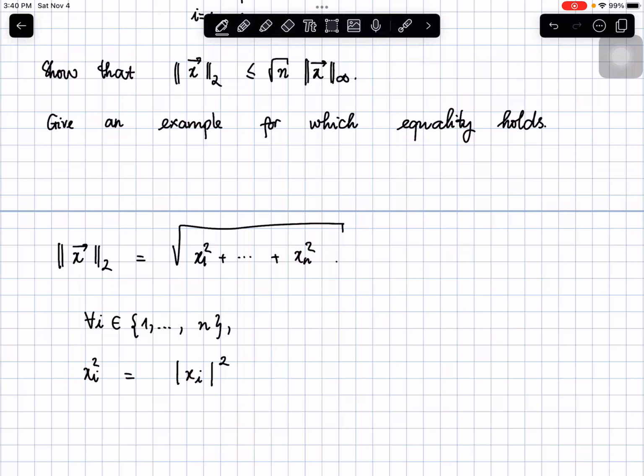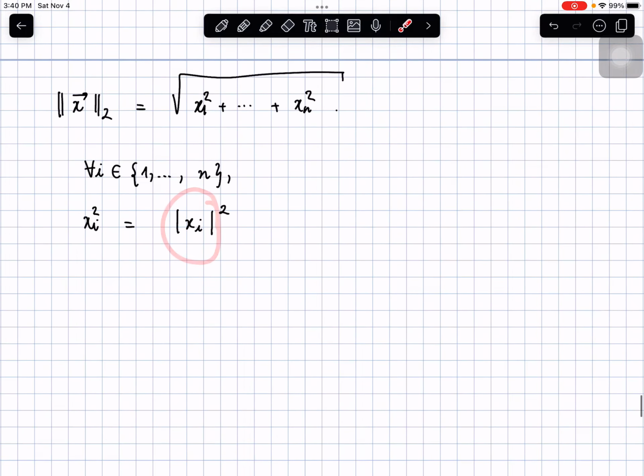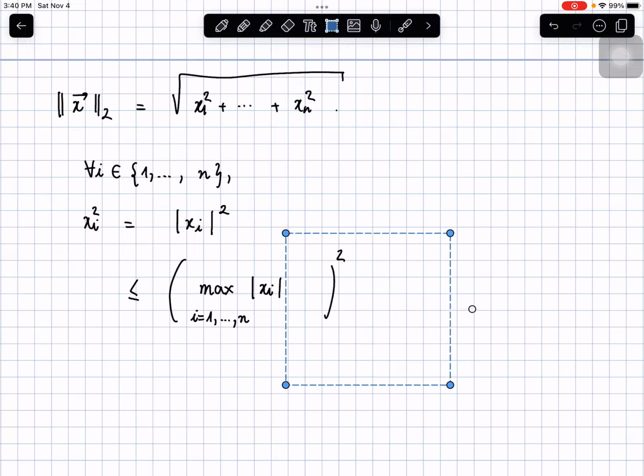Right. This one is less than or equal to the square of the maximum of the |xi|'s, i from 1 to n, squared.